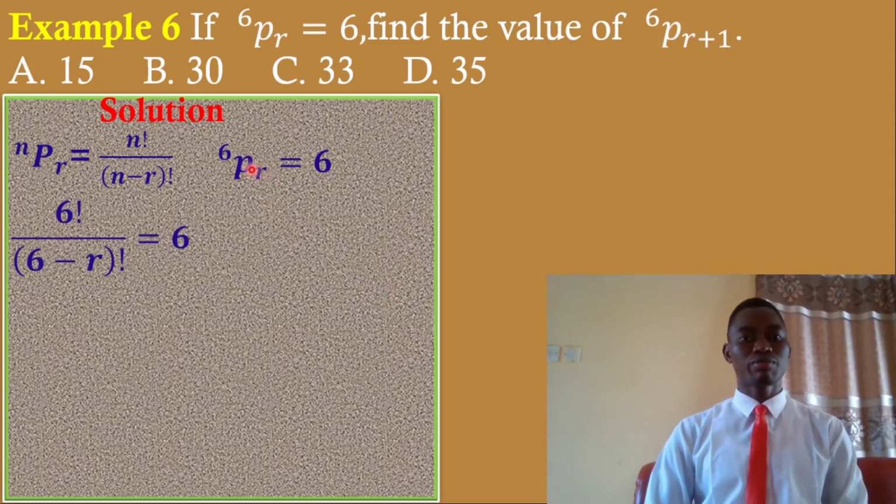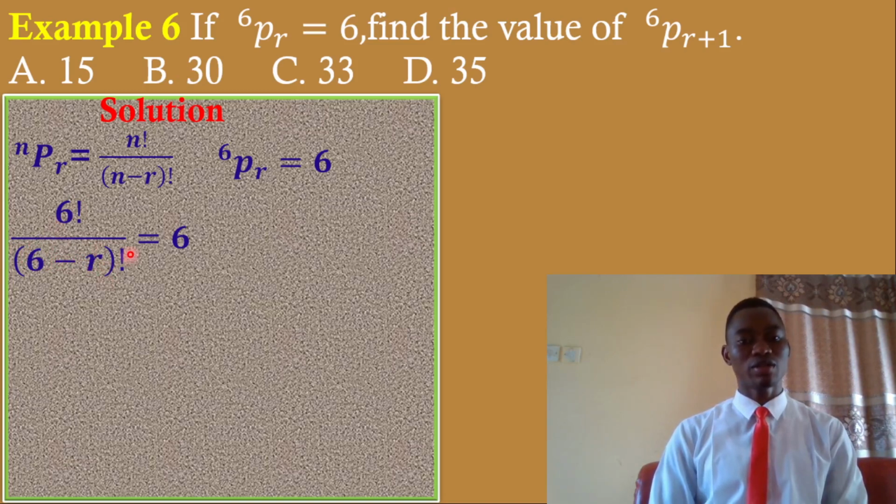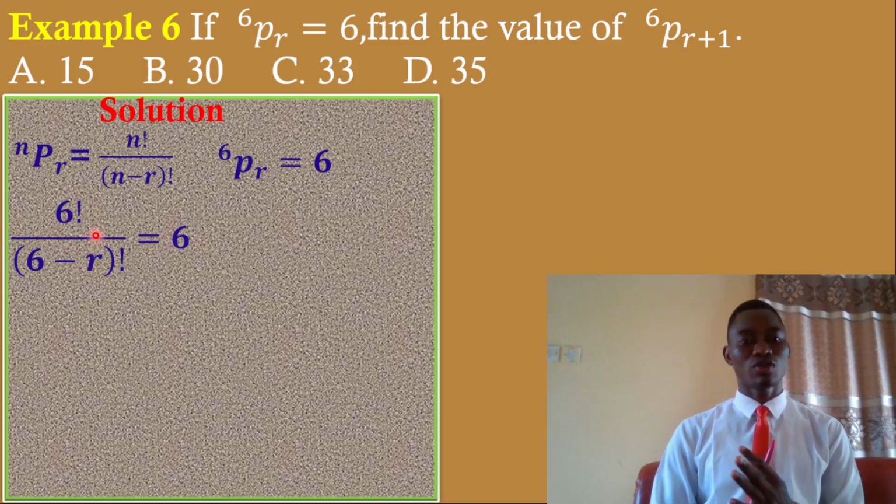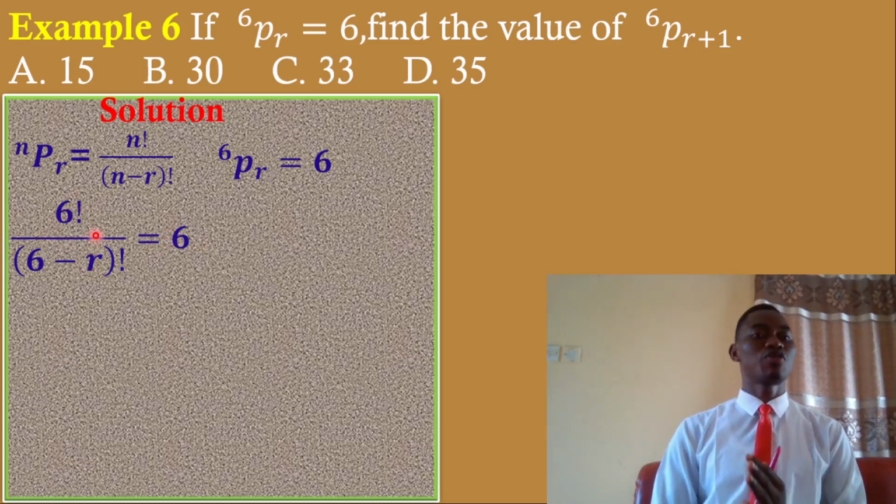So 6Pr is 6 factorial all over (6 minus r) factorial. Then we maintain our right hand side. We are going to further work on the left hand side so that we can get the value for r.